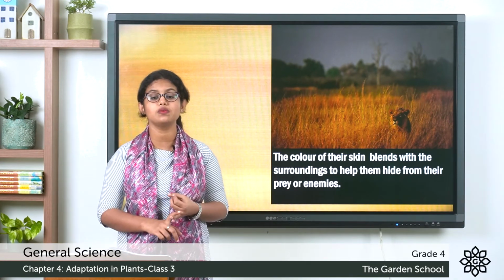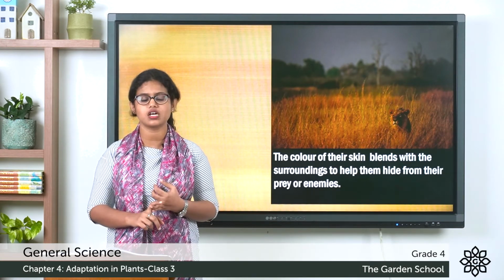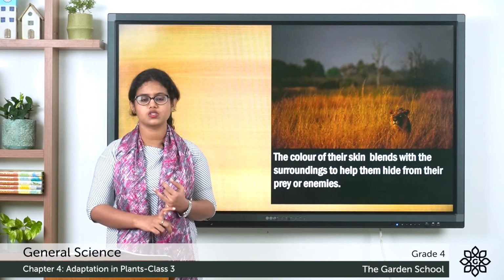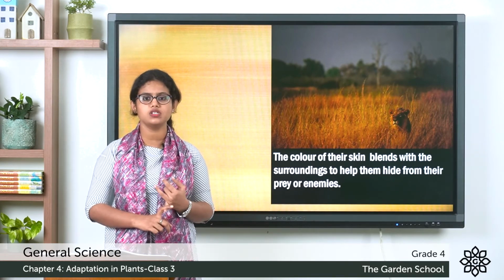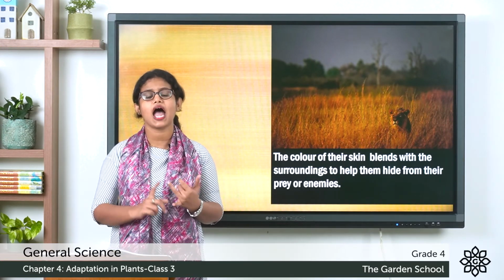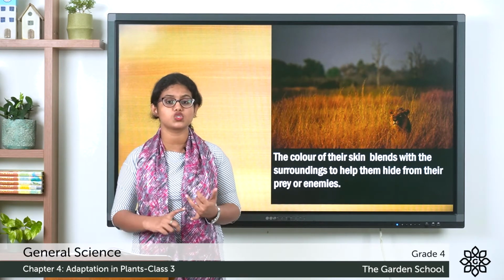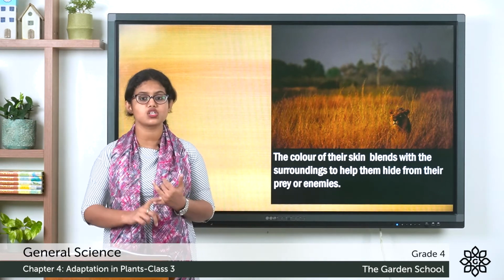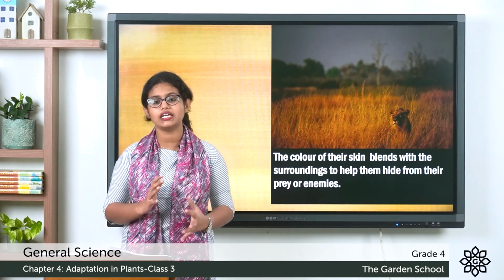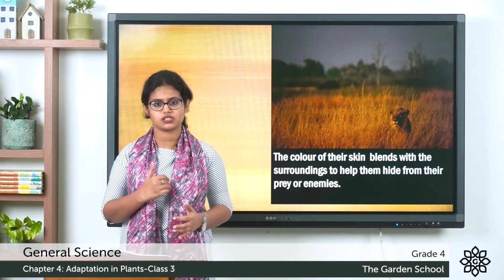And what about animals like lion? Animals like lion get unnoticed until they reach their prey. The color of the environment merges with the color of the skin. That helps animals to escape from other animals, and it helps animals such as lion to get unnoticed till they reach their prey. So these are some of the adaptive features of animals that live in grassland.